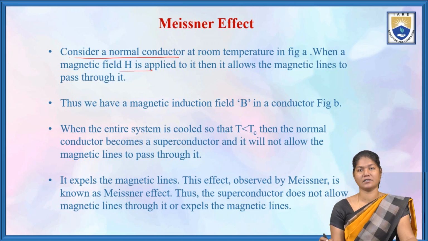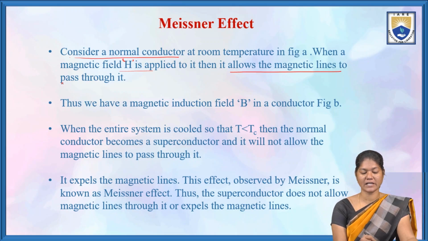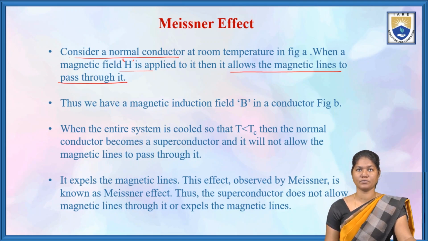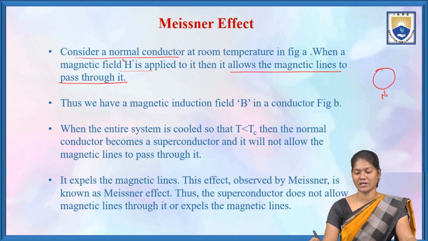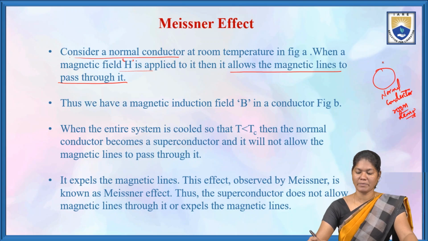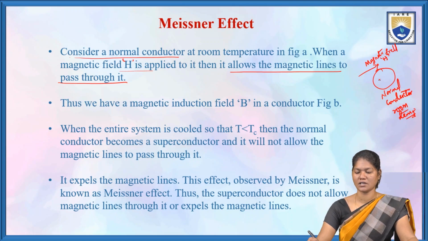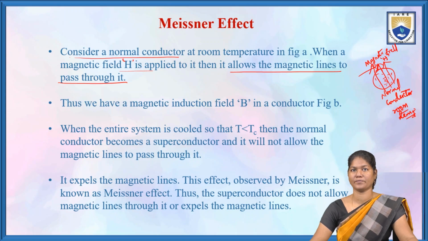When a magnetic field H is applied to the normal conductor, it allows the magnetic lines of force to pass through it.